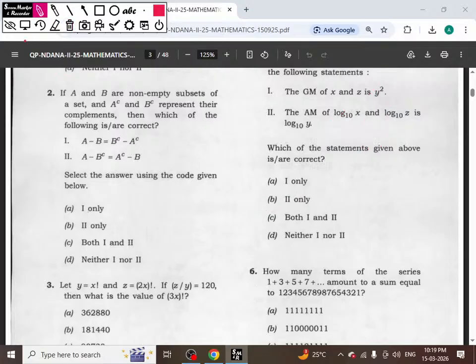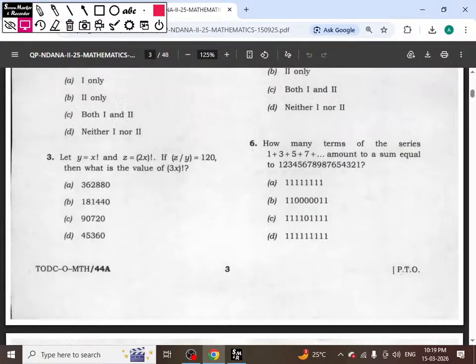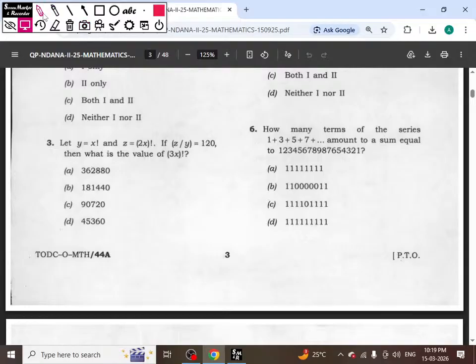Okay, here we move to the series 1 plus 3 plus 5 plus 7 amounting to a sum, so we have read the formula of n square. 1 2 3 4 5 6 7 8 9. Any 6th class child can do this.